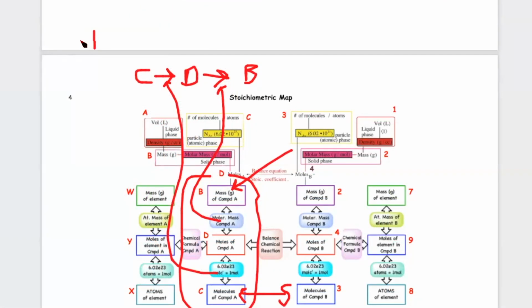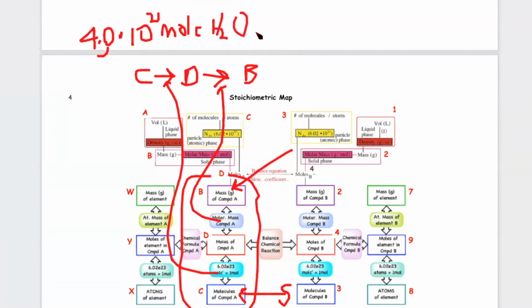That gets us from D to B. So I would start with 4.0 times 10 to the 21st molecules of H2O. And then I would use my conversion factor.